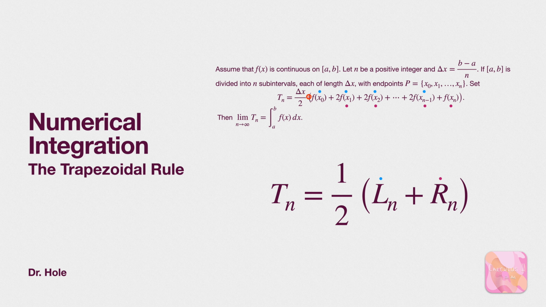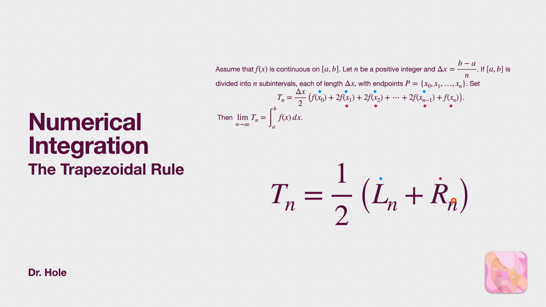Multiply that by delta x, and then that's going to give you L sub n. Likewise, R sub n is delta x multiplying all of the heights at the right endpoints. Then these coefficient 2's that appear occur only when you have 2 dots on that height, a blue dot and a red dot. And then at f of x0 and f of xn, you'll have only 1 dot apiece. Thus, that matches the sum form written out.